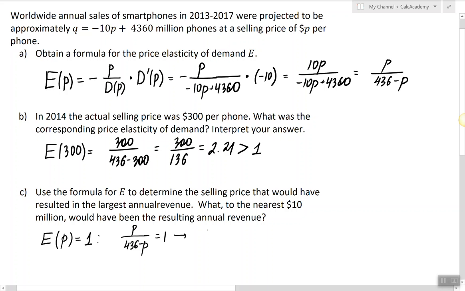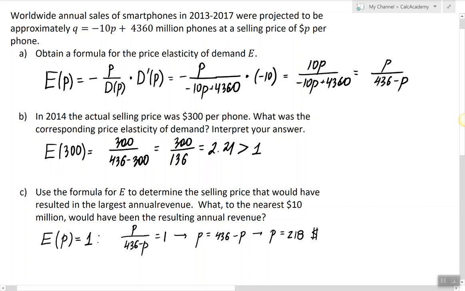Solving it for p will give us the following, and p is equal to 436 divided by 2, which is 218. So the price that gives us a unit elasticity is $218.